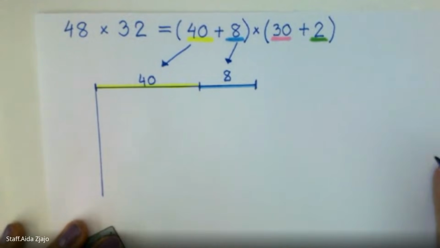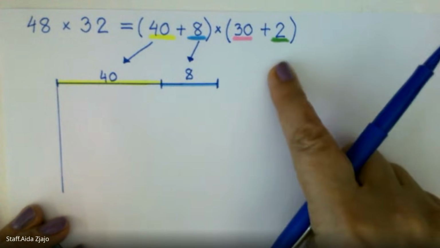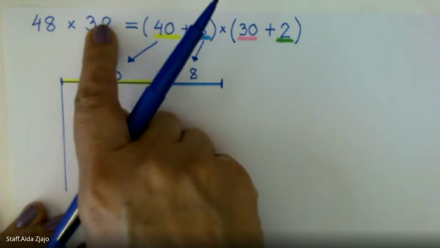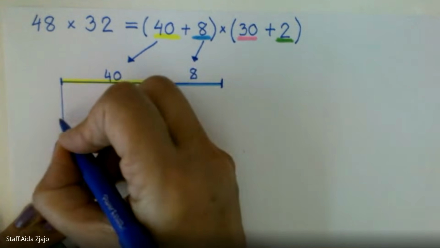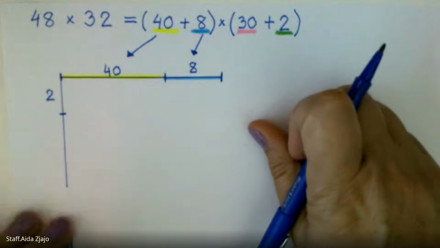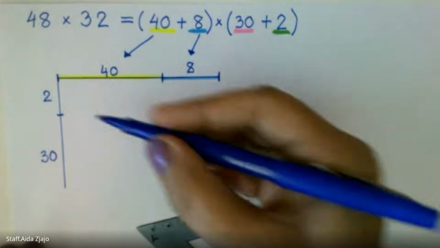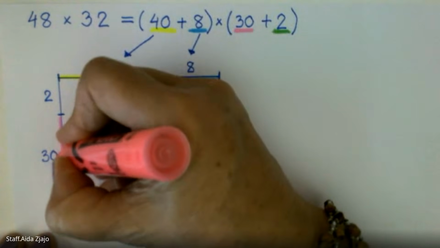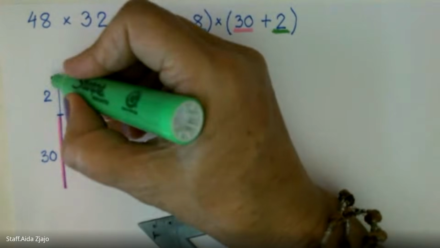If I would like to match with my standard algorithm, I should use the second number on the side, and I will start with the smaller, the ones first, which is 2, and then the tens. So I'm going to use this one to be a 30. Right. So now I have my areas. This is going to be my pink, and this one is going to be green.